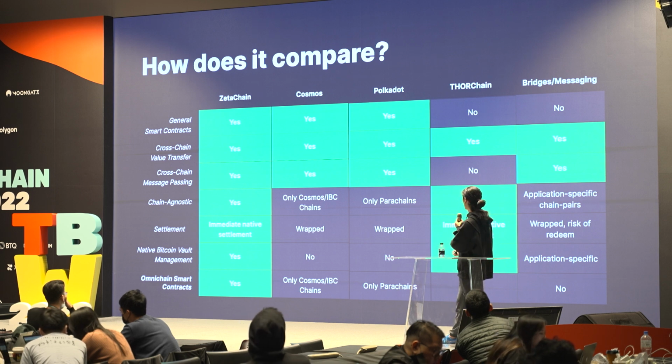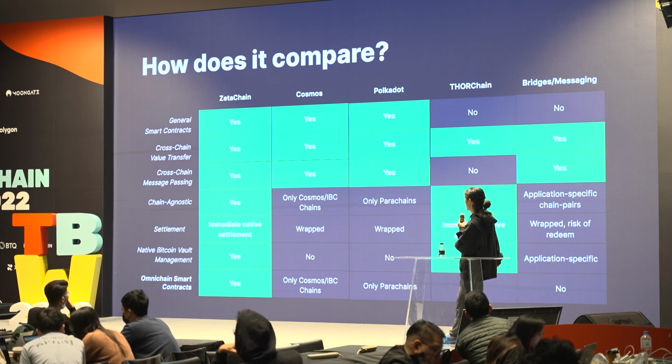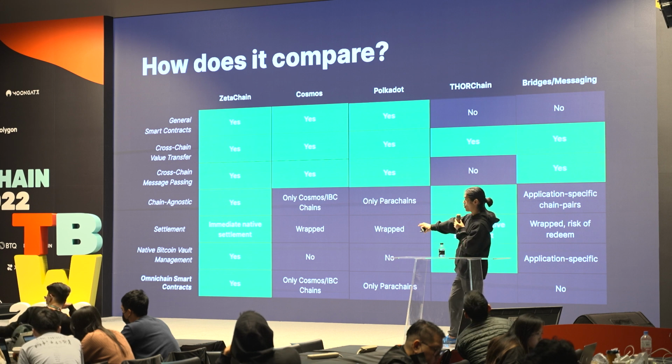And then for bridges and messaging, again, a lot of bridging and messaging architecture just entails that wrapped pattern. So one, they're application specific, asset specific, wrapped assets, and don't support that programmable layer.